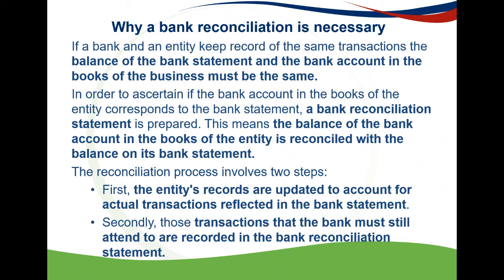First, the entity's records are updated to account for actual transactions reflected in the bank statement. So those are all the transactions that were already recorded on the bank statement by the bank, but they still need to be recorded in the cash receipts journal or the cash payments journal.